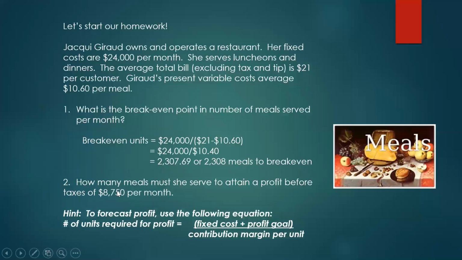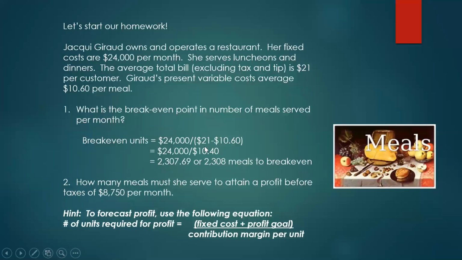Well, break-even units is fixed cost of $24,000 divided by contribution margin, which in this case is $21 per customer for sales per unit, and the variable cost is $10.60 per meal.